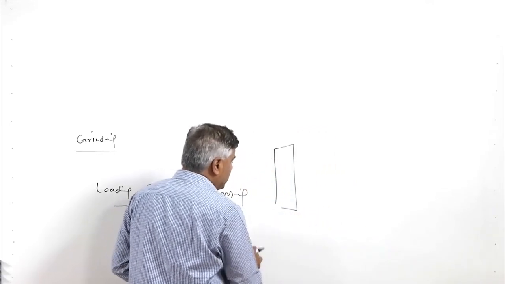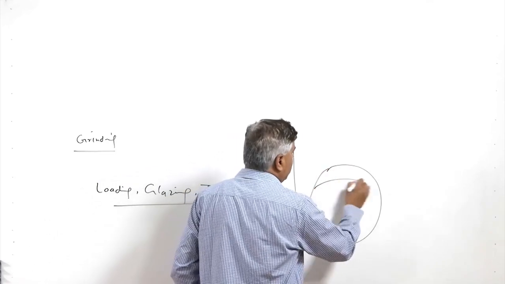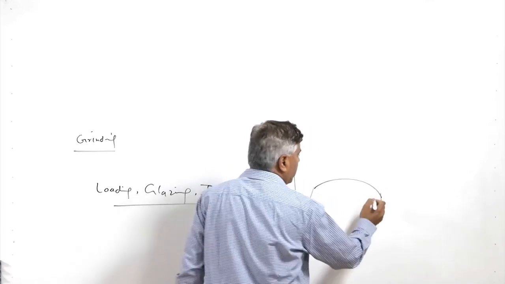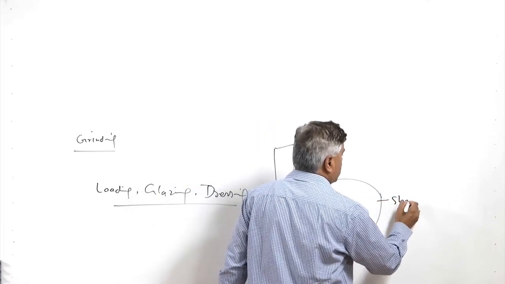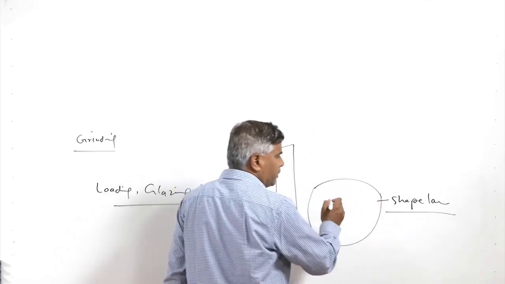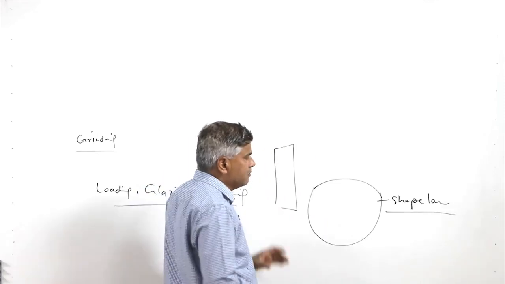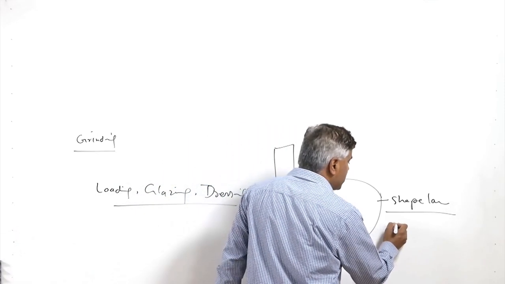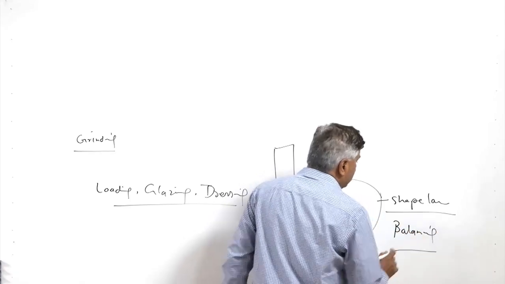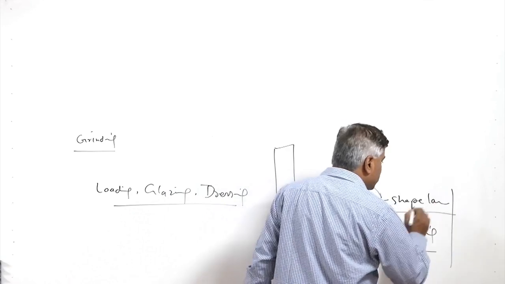The shape of the wheel will not remain circular, it may go out of shape, and because of the shape loss or non-uniform material loss from the circumference of the grinding wheel, it will lose its balance.